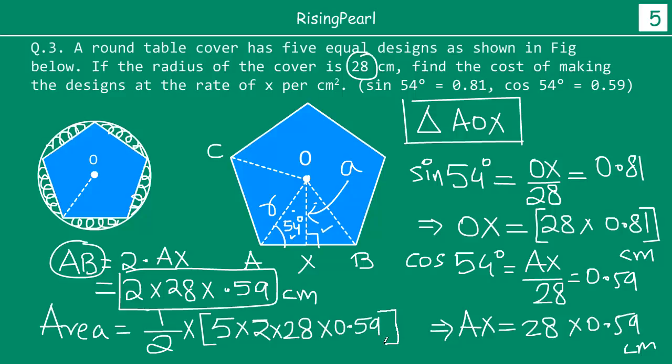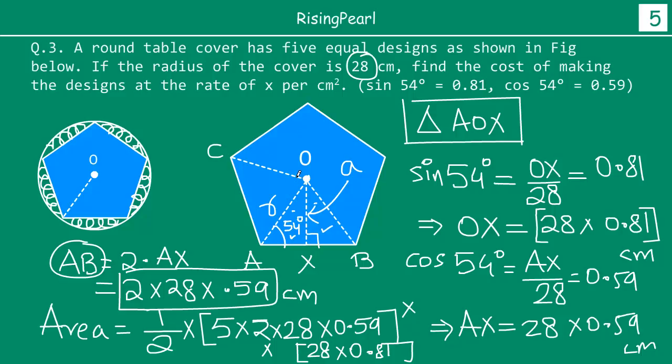Now this is half the perimeter times the perpendicular distance a, which is given by this. So it is this times 28 times 0.81. So this entire thing, friends, is the area of the regular pentagon.